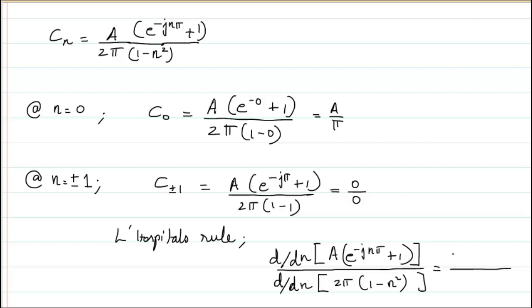So a into e raised to power minus j n pi into minus j pi, divided by 2 pi into minus 2n, correct?